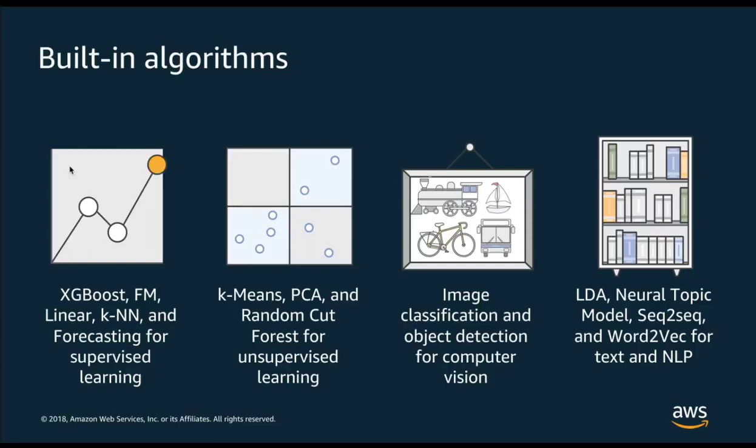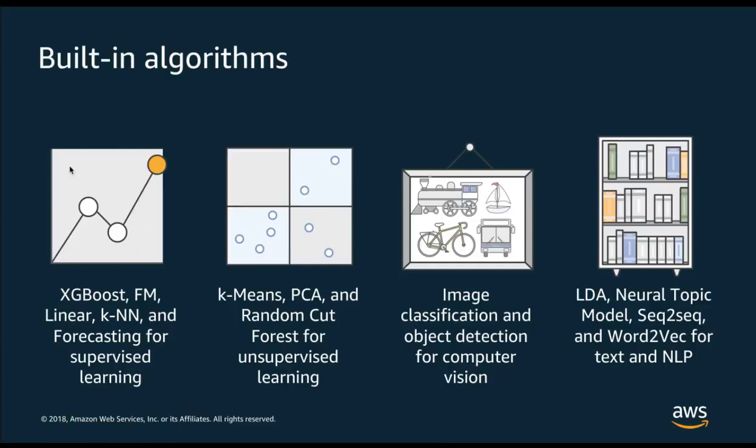Some common algorithms like linear regression and classification that people are aware of, some unsupervised algorithms that are very common like k-means and principal component analysis for dimensionality reduction. As well as some deep learning algorithms that have become popular in recent years, things like image classification with ResNet or object detection with single-shot multi-box detector SSD, and sequence-to-sequence for neural machine translation, and word2vec for word embeddings, which are both in the natural language processing space.